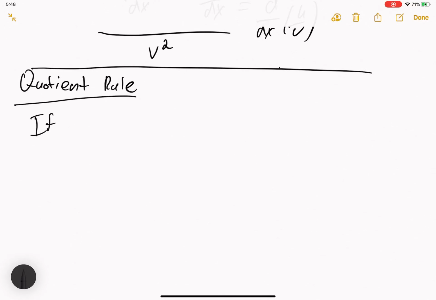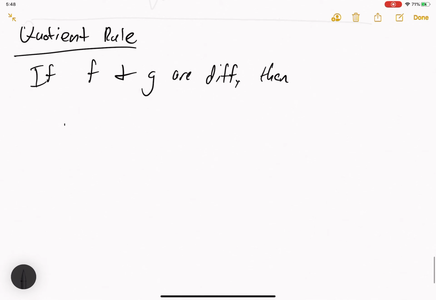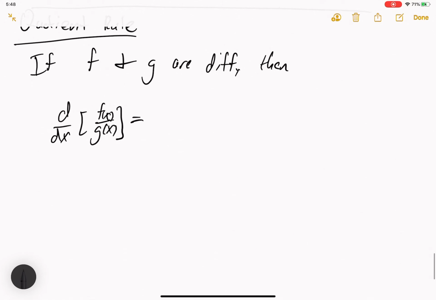So let's just say f and g are differentiable functions, diff for short. Then what we have is that d/dx of f of x divided by g of x is going to be equal to, and I'm going to be really careful on how I say this.